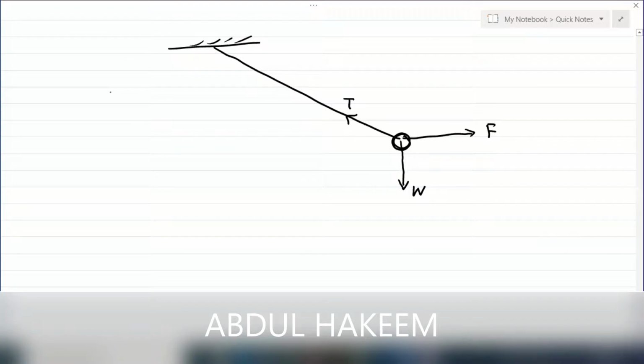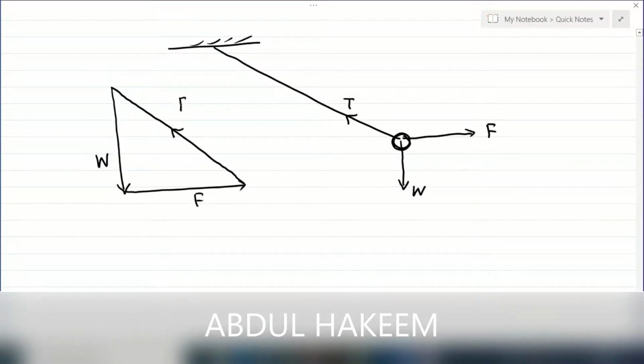When we add these three forces according to the head to tail rule, this is the vector weight, this is your force F, and this is the tension in the string. Look, it's a closed triangle. So the resultant force is zero. So the first condition is fulfilled. The object is in equilibrium because the vector sum of all forces is zero.